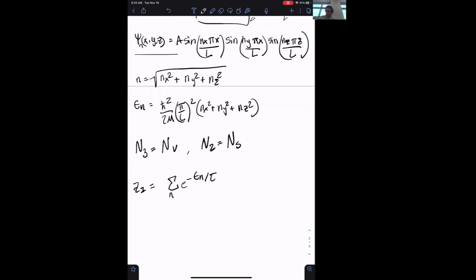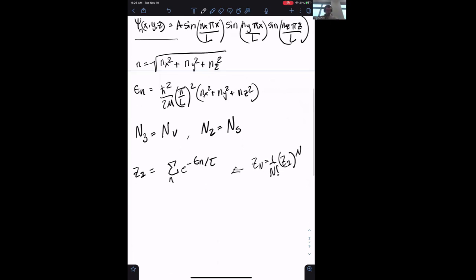This is for one particle, and later, to get the partition function for all the particles, because they're identical, there's going to be a quick, simple formula. We'll use that later, but we'll get to that later.